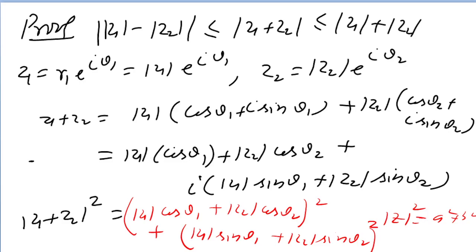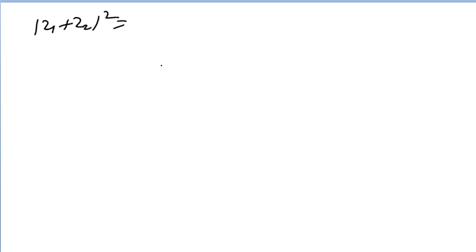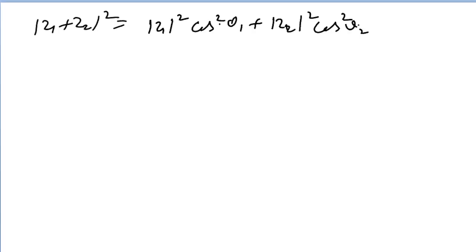So the real part squared is mod z1 square cos square theta 1 plus mod z2 square cos square theta 2 plus 2 mod z1 mod z2 cos theta 1 cos theta 2.